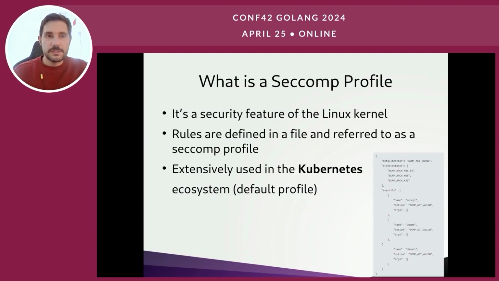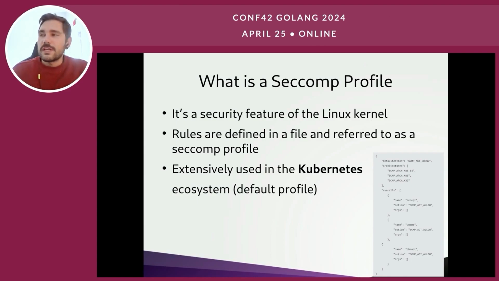Another important concept is about seccomp profile. First of all, seccomp is a security feature that resides in the Linux kernel. And the seccomp profile is basically a list of syscalls that you can put into a rule and attach this rule to a program by defining if these syscalls could be executed or not by the program itself.